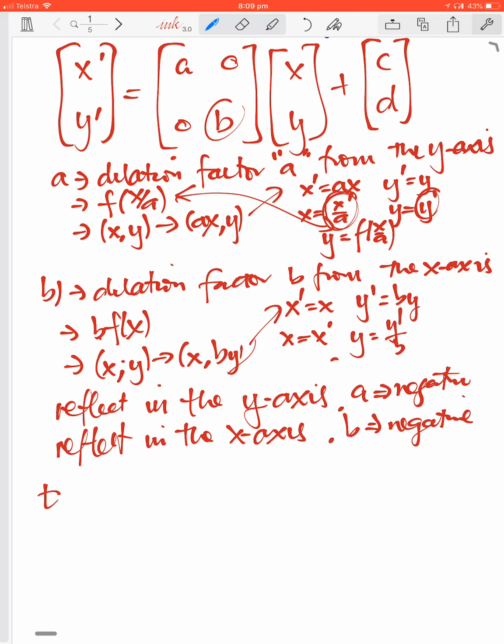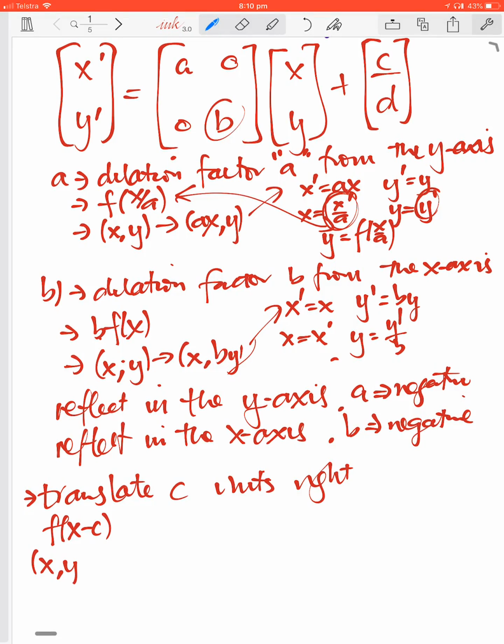If I want to translate C units right, so we put a C up here, but that's f of x minus C in terms of function notation. In terms of images, I'd have x, y becomes x plus C, because I want to move the point to the right C units.